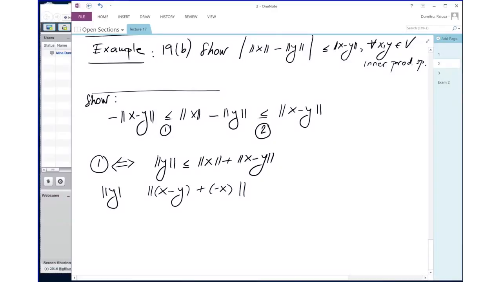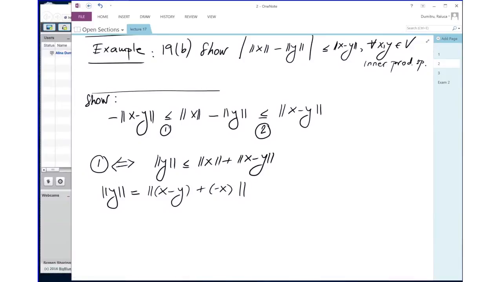Isn't this the same as the norm of y? Well, I'm trying to make it look exactly like the right side, that's why I'm kind of forcing it here. But y is x; if I do x minus y minus x, it turns into negative y. But the norm of negative y, you know how you can pull out the scalars from inside?